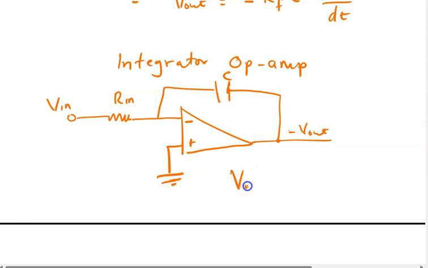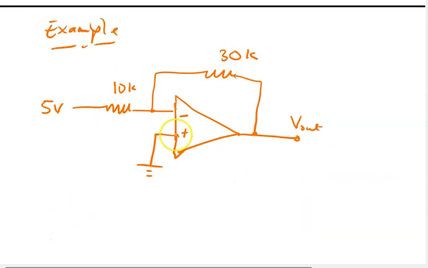So the V out can be expressed as minus 1 over j omega R in C multiplied by V in. So you should take note of it. It's very, very important. These formulas are very important, and once you know them and their diagrams, you can solve questions. Okay, so let's solve one example, then we end the video.